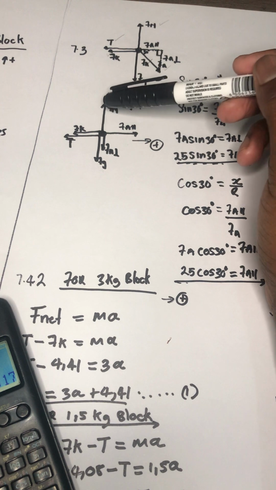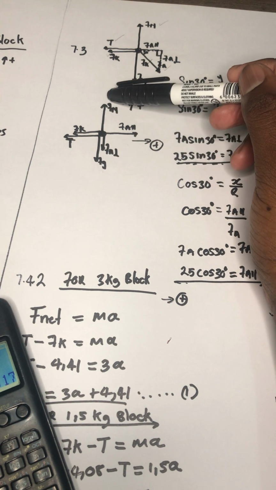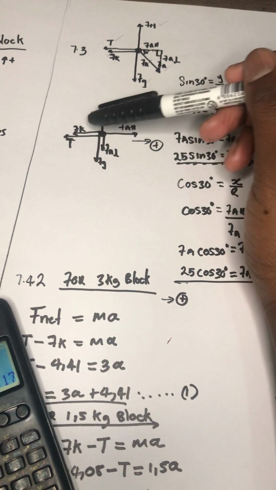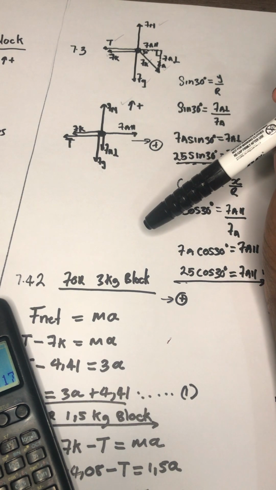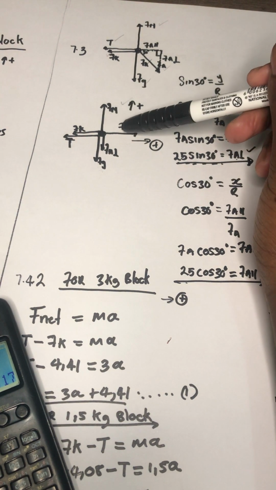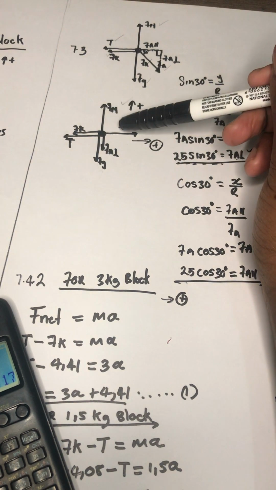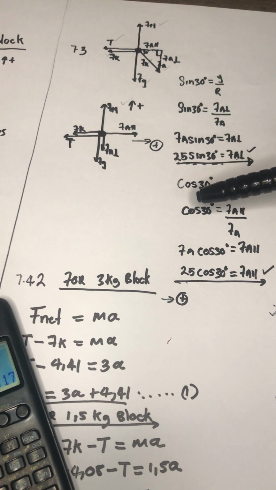Then remember that for these forces the F net is equal to 0, and for these forces the acceleration is not equal to 0. Make sure that you master the basics. Do not go to the question papers without understanding your free body diagram. Once you can do the free body diagram and keep your components, it will be easy because the questions tend to be similar.